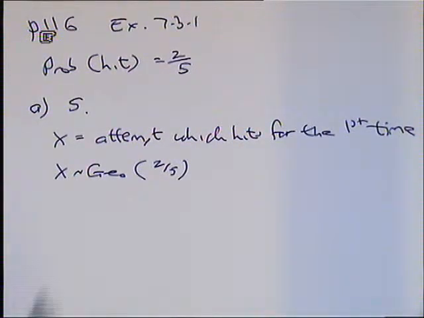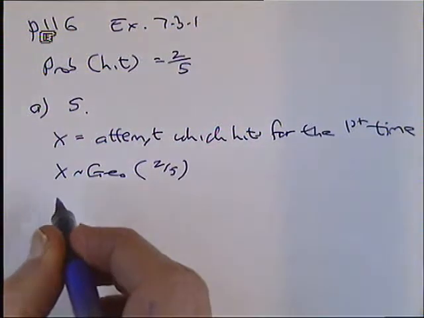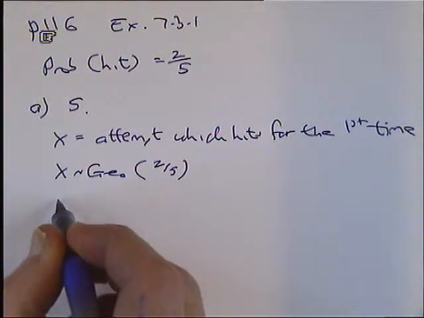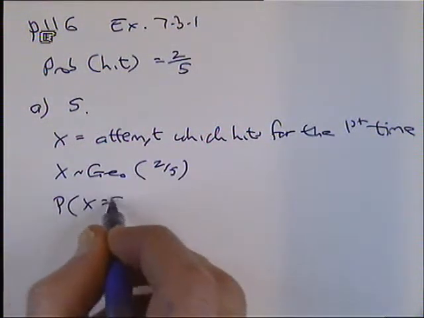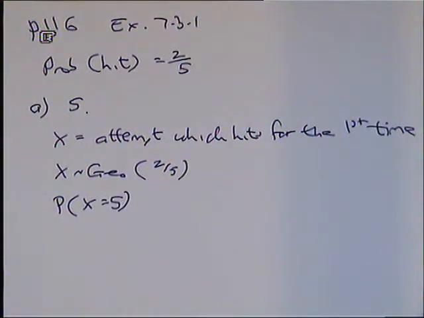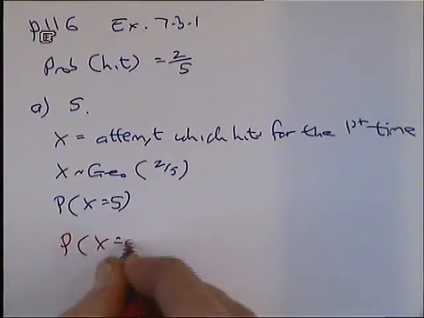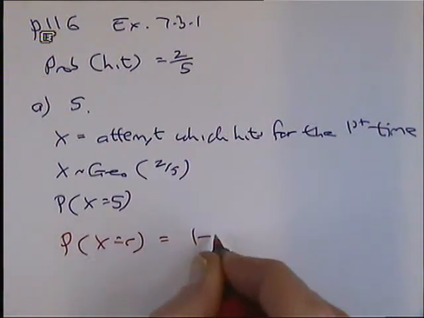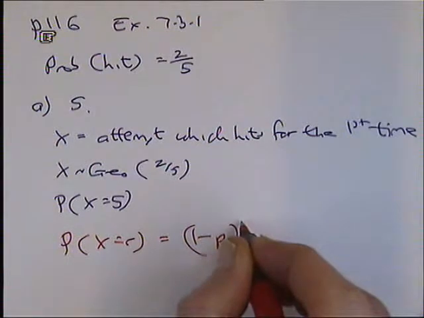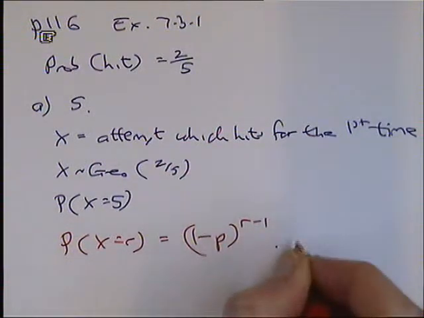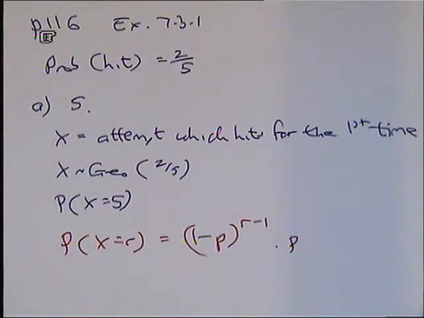So in part A, it asked what's the probability he'll need exactly 5 throws to get his first hit. So we want the probability X equals 5. And the formula we had for the probability for geometric distributions was (1 minus P) to the R minus 1, times by P. That's failure every time except the final one where there's a success.